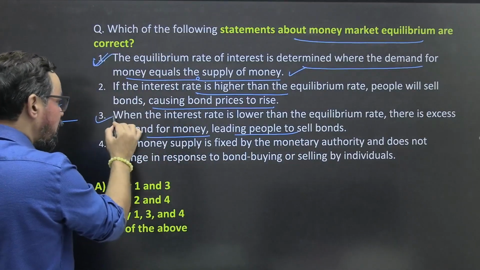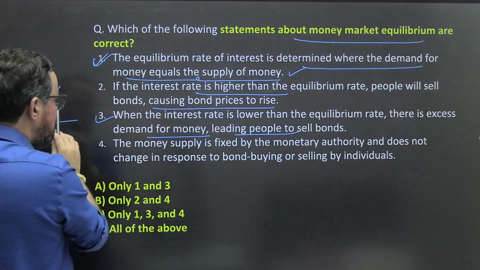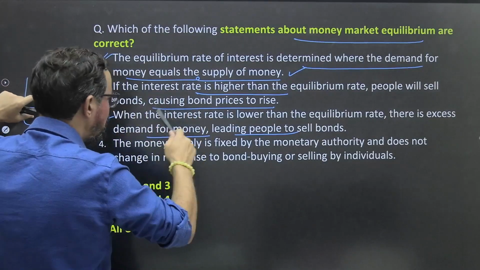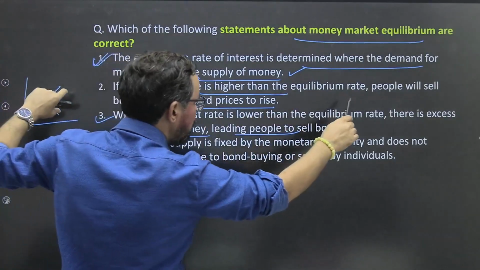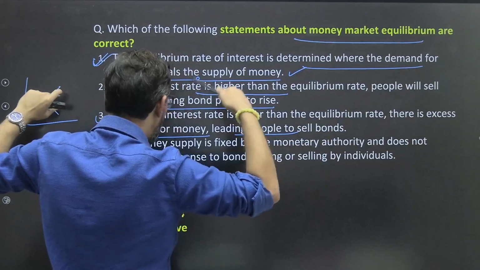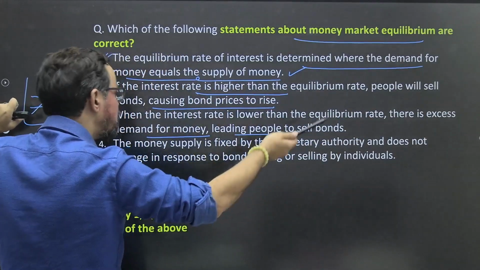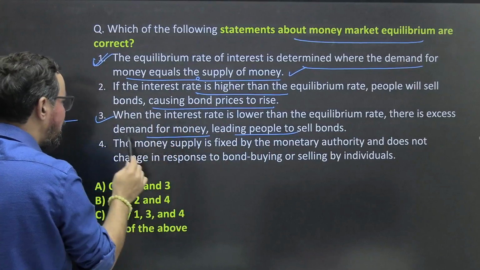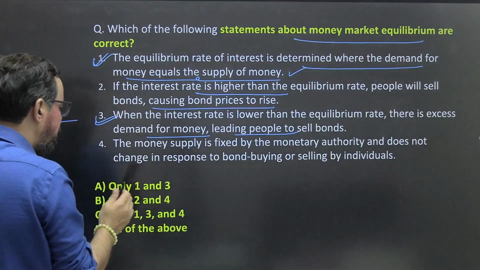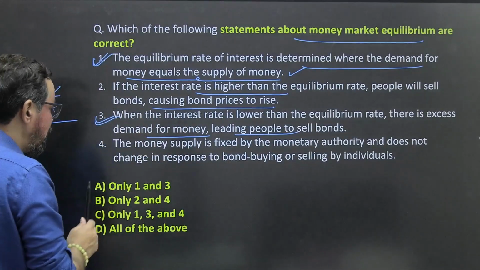This seems right. This is wrong actually. It is like if the interest rate is higher than the equilibrium rate, people will buy bonds, causing the bond prices to rise. It should be buy, not sell. Statement third is correct. So statement third is right in this situation.